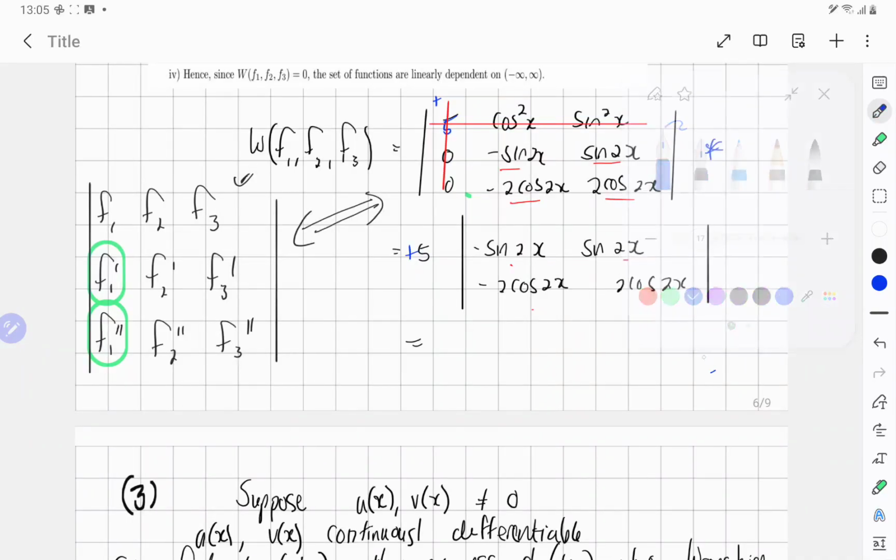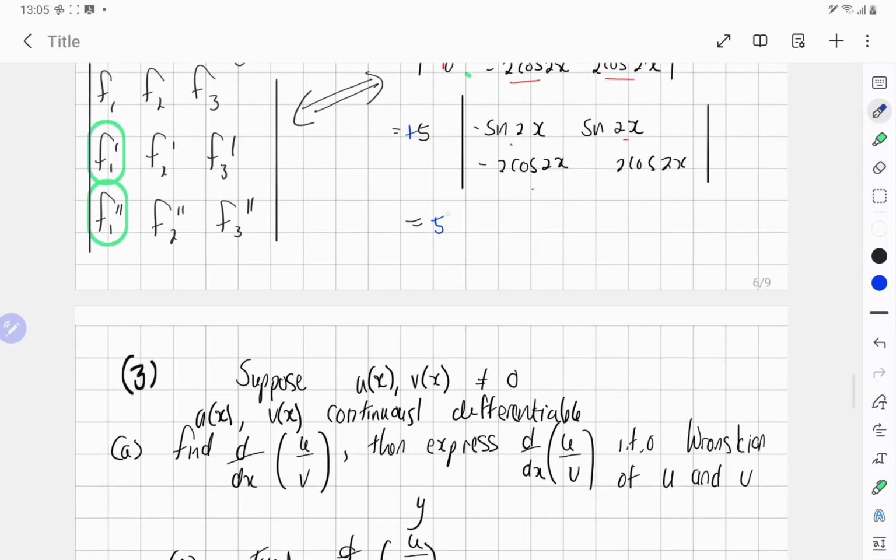Now recall from earlier, we have a 2 by 2, so we cross over. So we have minus 2 sine 2x cos 2x, and I cross over again, I have plus 2 sine 2x cos 2x.